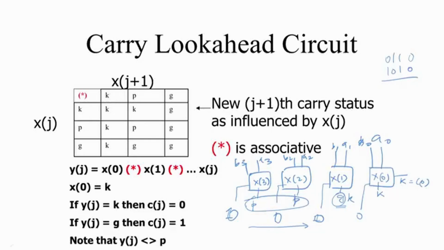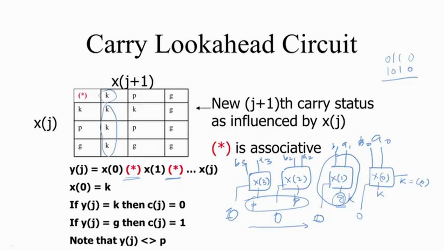So that looking back operation is what we call this operator, star within brackets. Okay. So now we will see this. If my stage j plus 1 is kill, then irrespective of what is happening on my right hand side, I am going to have kill completely. If my j plus 1 is kill, that is any stage is kill, then I do not allow anything to propagate from the previous side.